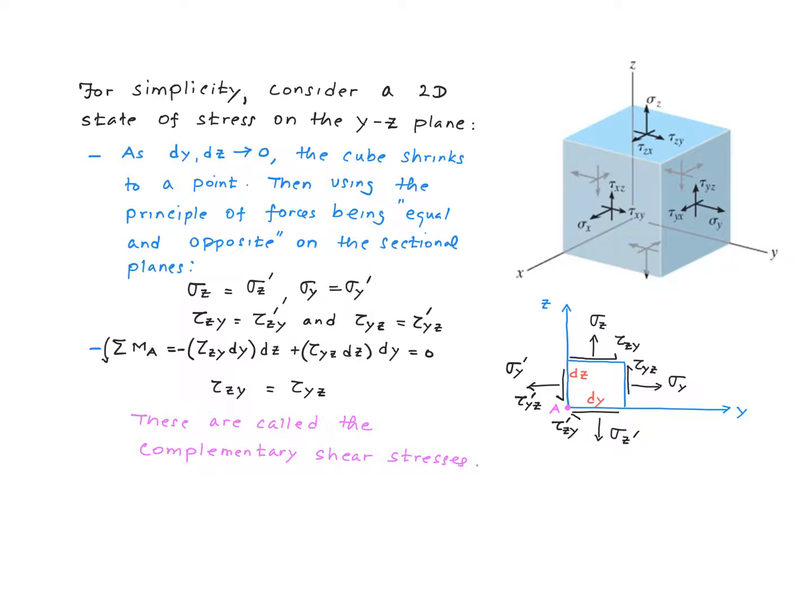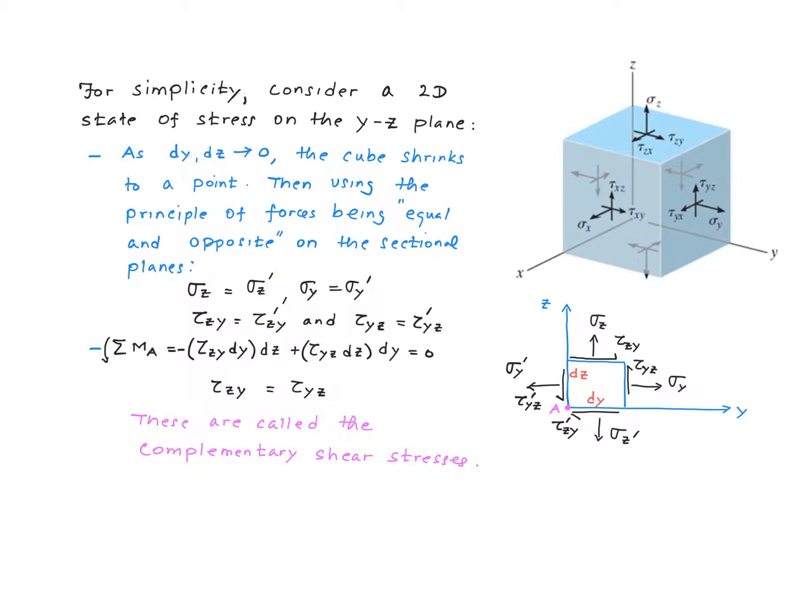Supposing, say, we let the size of this differential element approach 0. In other words, we let dy and dz approach 0. Then this differential element basically shrinks to a point, right? So this plane and this plane become one and the same. And similarly, this plane and this plane become one and the same.